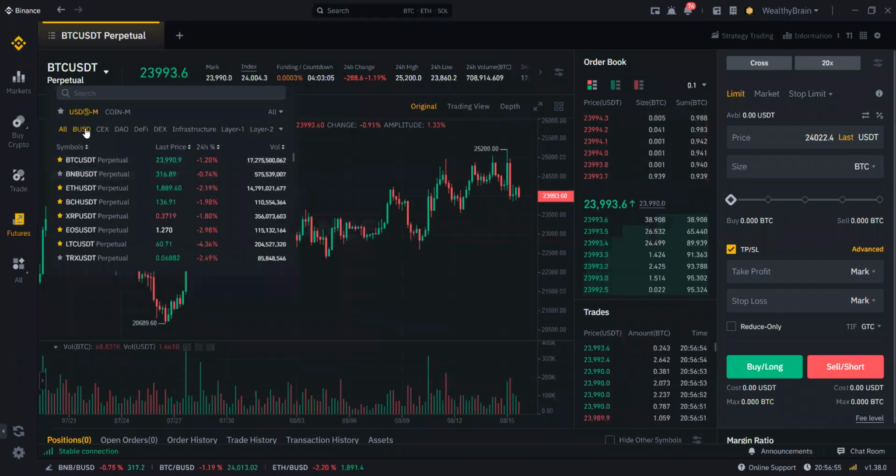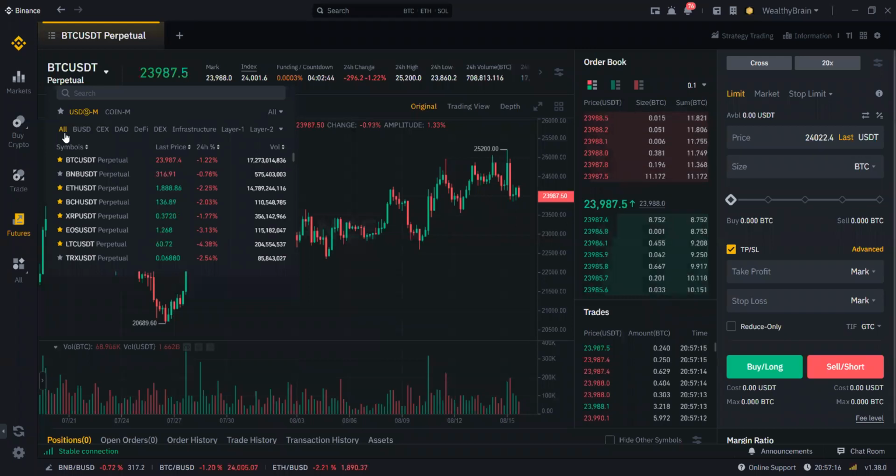Move up. All right. You see BUSD, you see all pairs of coins are there. That place shows that all the coins you want to trade are now available.